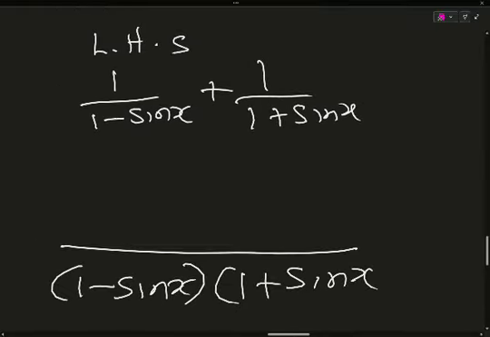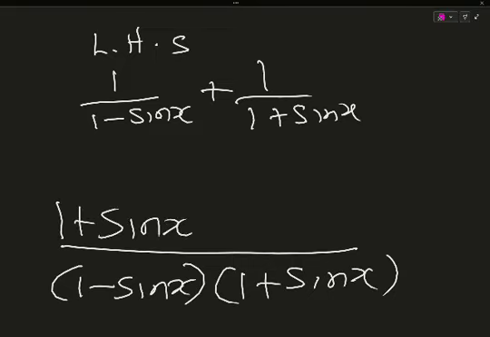So I'm going to say 1 into the denominator here, 1 into that is simply 1 plus sine x. Then this one into this is simply 1 minus sine x.